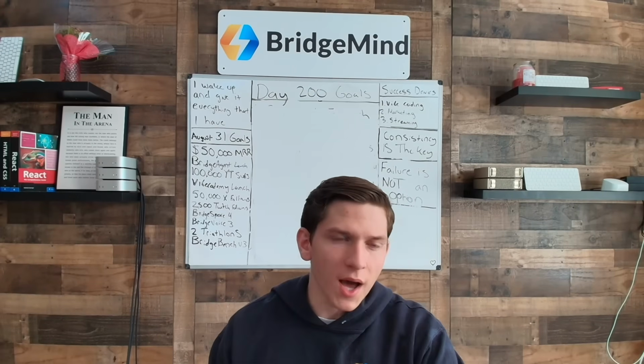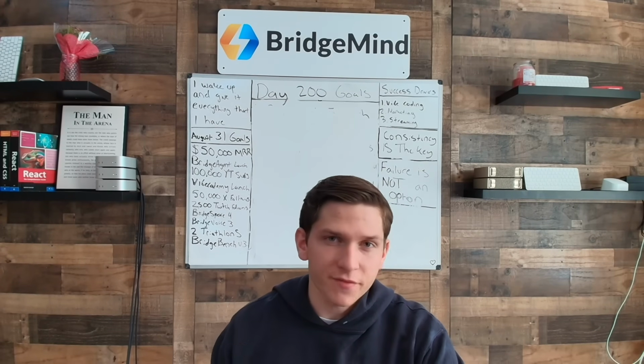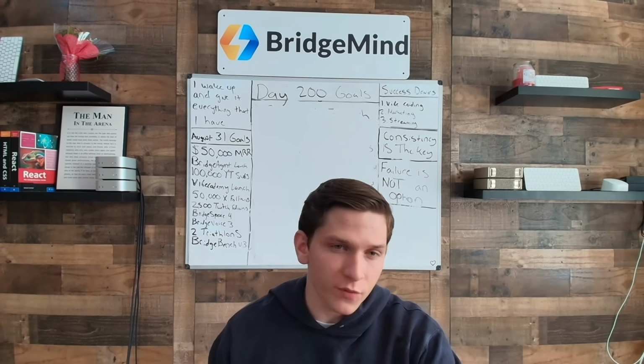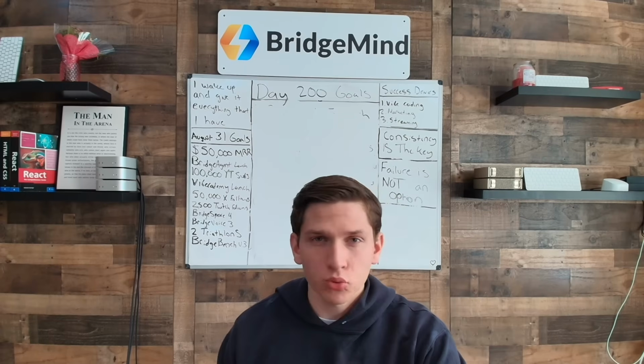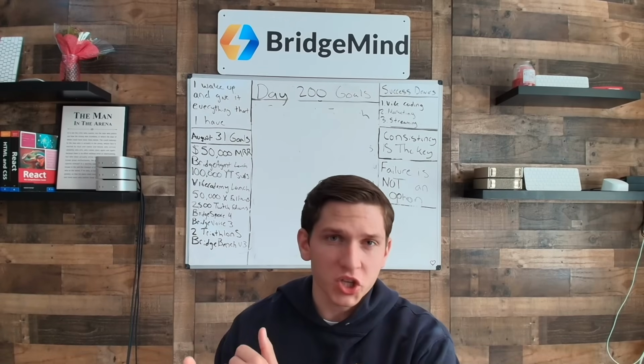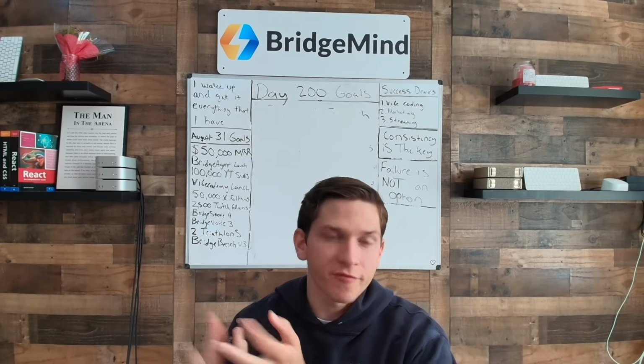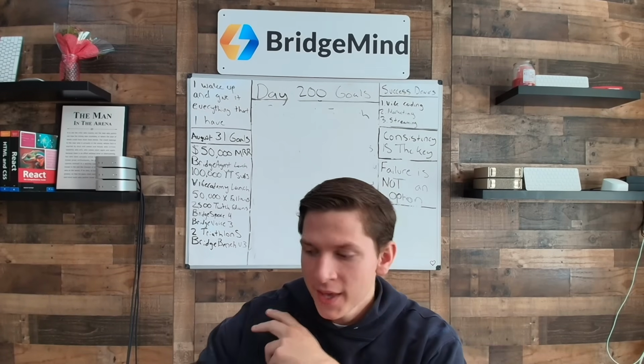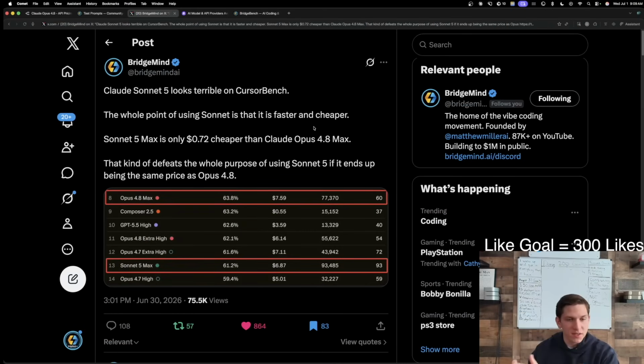So ultimately, I am not going to be giving Sonnet 5 the BridgeMind stamp of approval, and the reason is pretty simple. It comes down to this right here. If you look at Opus and you look at Sonnet, the reason that you use Sonnet models is because they are more efficient and they are cheaper and they are faster. And what we're seeing is that Sonnet 5 is none of those things.